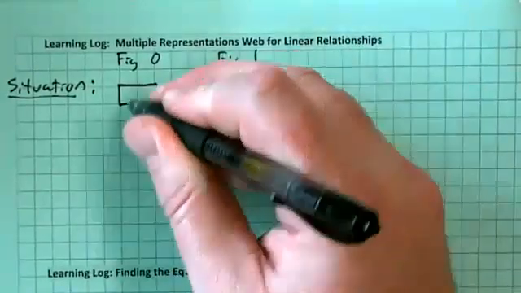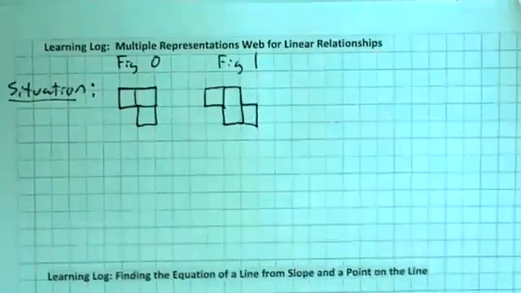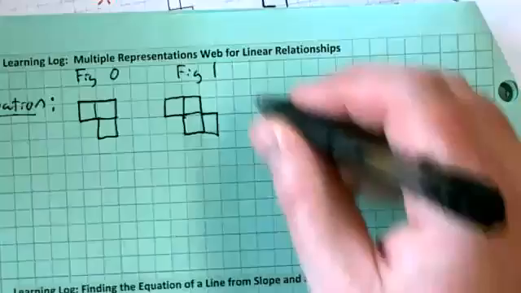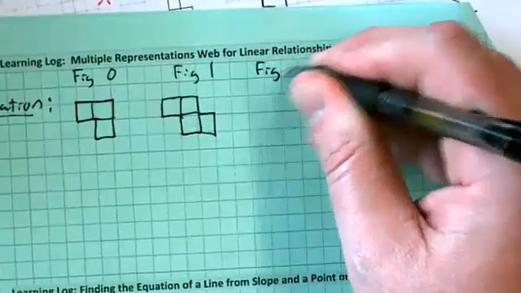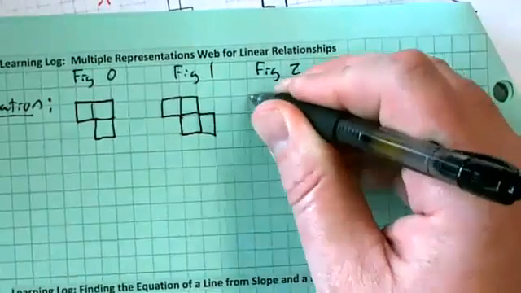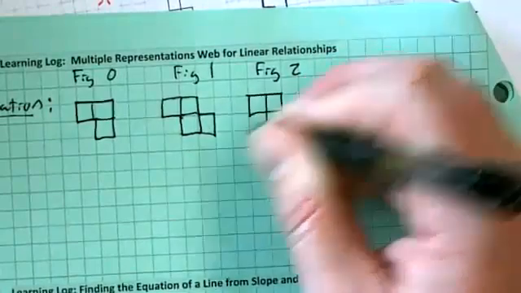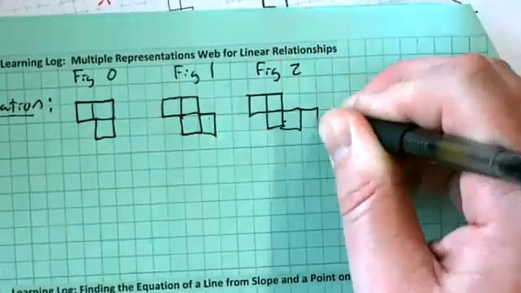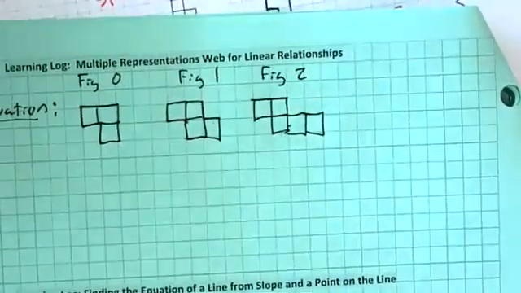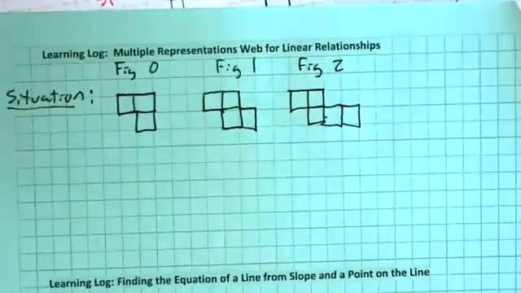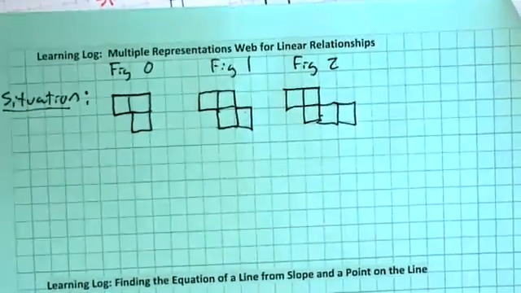All right, so we added 1 more. So when I get to figure 2, then I should be adding another 1. So here's my original 3. And then we just added another 1, and now we're adding another 1 over here. That's probably enough for us to get the basic idea. So there's our tile pattern.